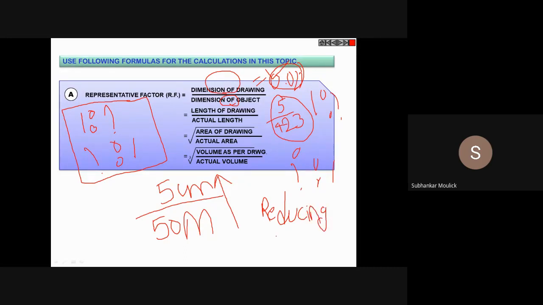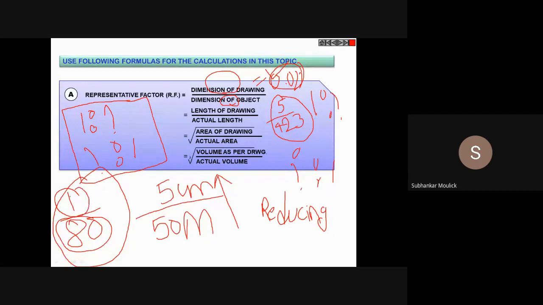Reducing scale means you are reducing the dimension of the object in order to fit in your drawing sheet. So if I say RF is 1 by 80, it is which scale? It is reducing scale, because this is the higher value, this is the lower value.